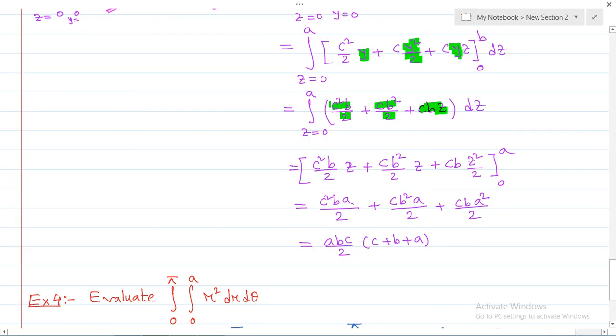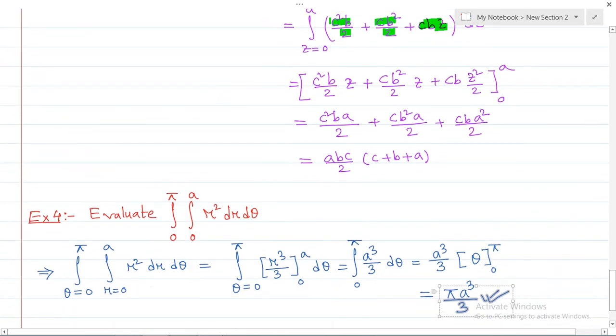So only one variable is remaining, that is z. With respect to z, we integrate and substitute the value 0 to a, upper limit and lower limit. So ultimately the answer is coming as (a plus b plus c) into abc divided by 2.